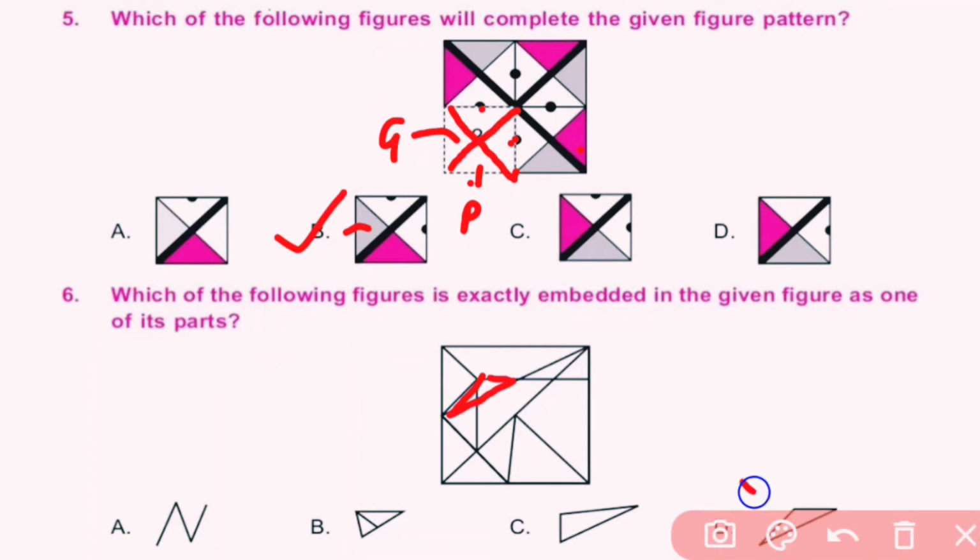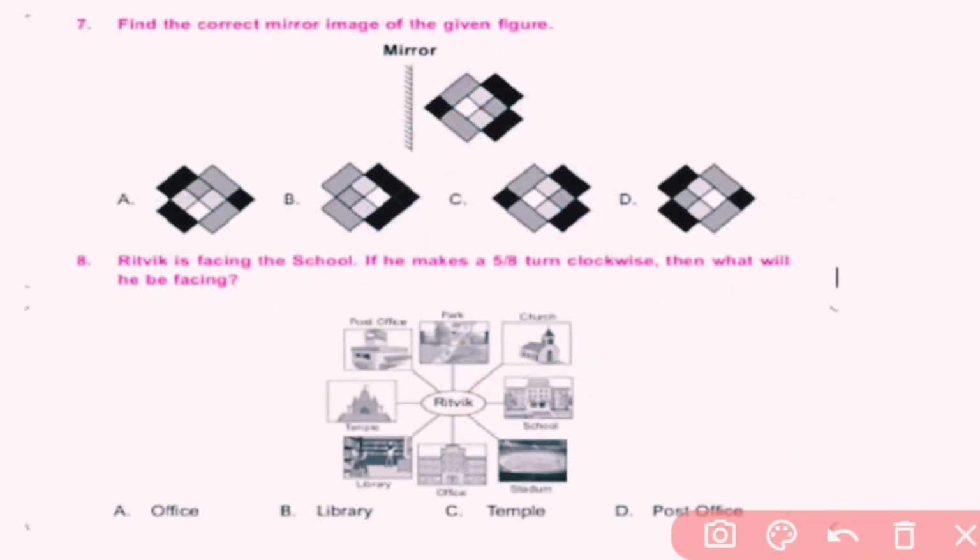So here D is the correct answer. Question number 7. Find the correct mirror image of the given figure. The image will be like this. D is the correct image for given figure.